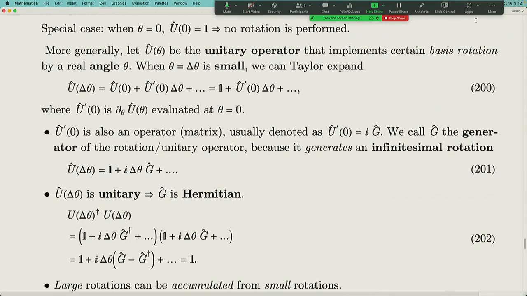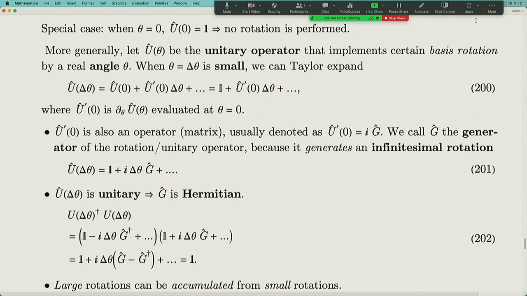So this U prime operator is also a matrix, and it is related to the Hermitian generator. You can rewrite it as U prime equals iG, where G is the Hermitian generator of this unitary operator.